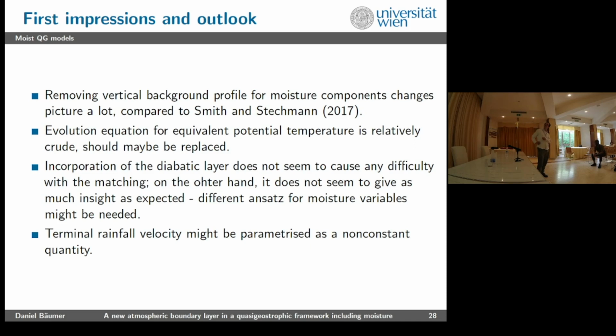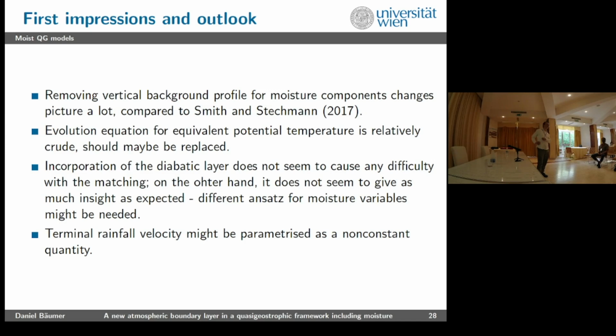So the first observations that are made: if we remove the vertical background profile for the moisture components, then the equations that we obtain are a lot different. The evolution equation for equivalent potential temperature might have to be replaced by a more elaborate one as well.